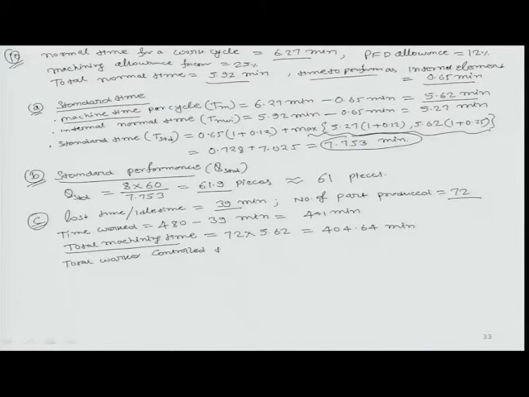In this case, the exact working time was 441 and machining time was this one. So, we have to subtract 404.64 from 441. So, we get 36.36 minutes, and this is the time the worker has utilized or controlled. Okay. So, now because time to perform as internal element is given as 0.65 minutes, we will have to calculate total worker control time.